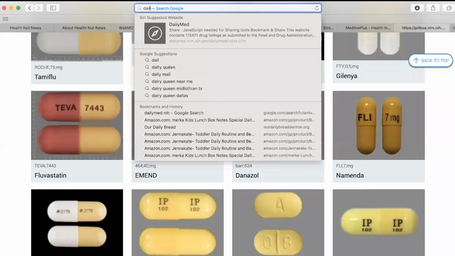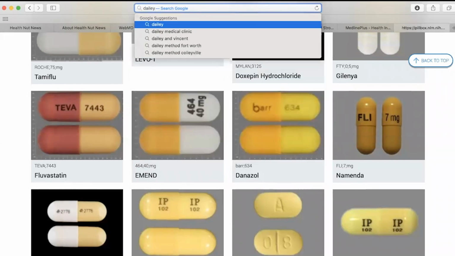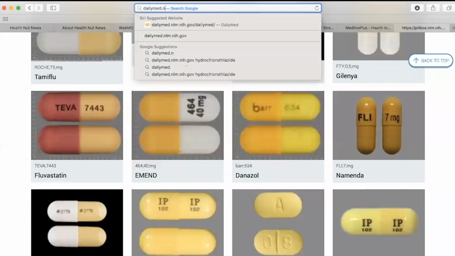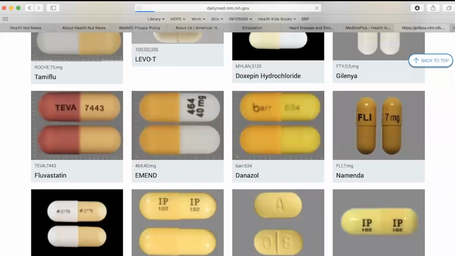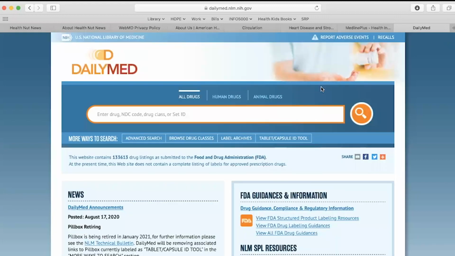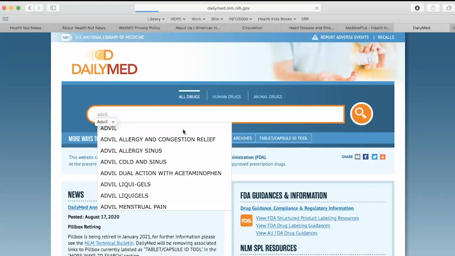Another one related to medication is DailyMed, again .nlm.nih.gov. And what is nice about this particular resource is that, say you've lost the box for a drug, you can actually look it up.